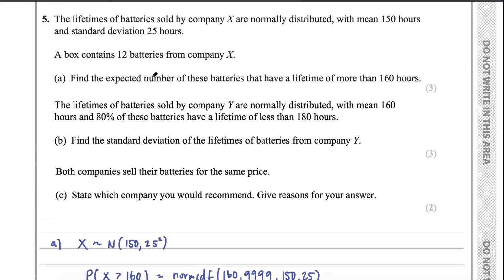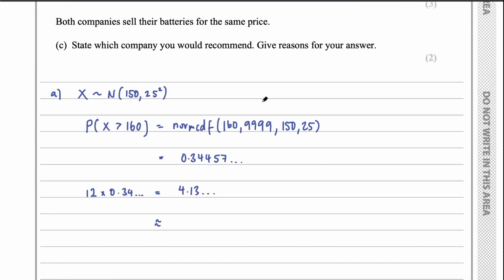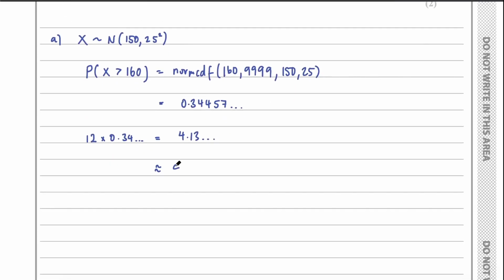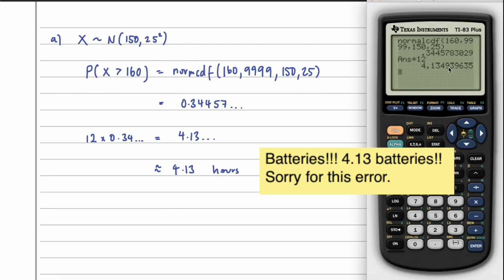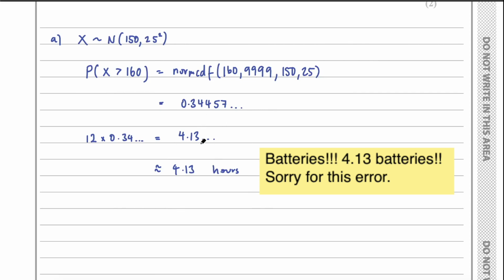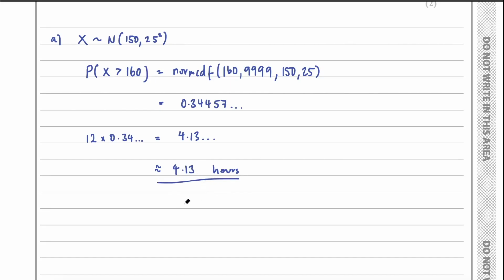The question doesn't say what to round to, but round it off to something. 4.13. Or you could write out that whole thing, and that wouldn't be wrong either. The question isn't particularly specific, but the mark scheme says anything rounded to 4.13 is the correct answer.